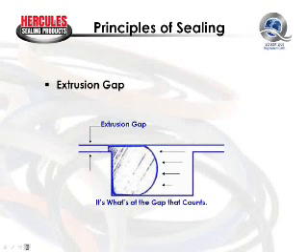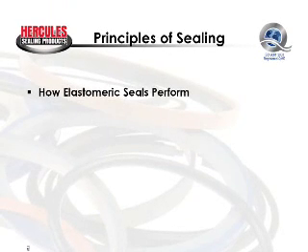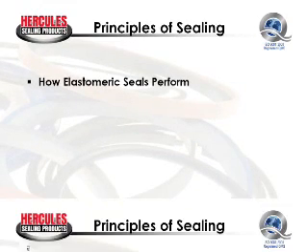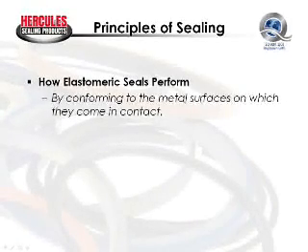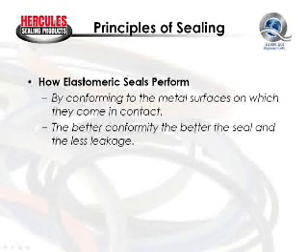Now, let's look at how elastomeric seals perform. Elastomeric seals perform by conforming to the metal surfaces on which they come in contact. The better the conformity to the sealing surface, the better the seal and the less leakage that we're going to have.